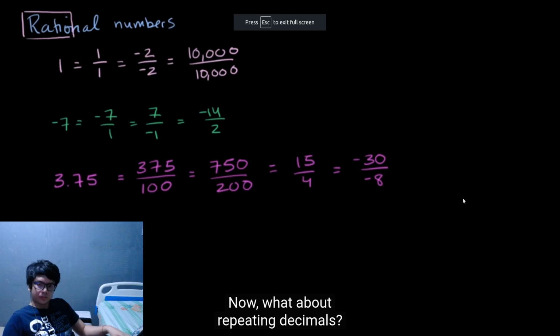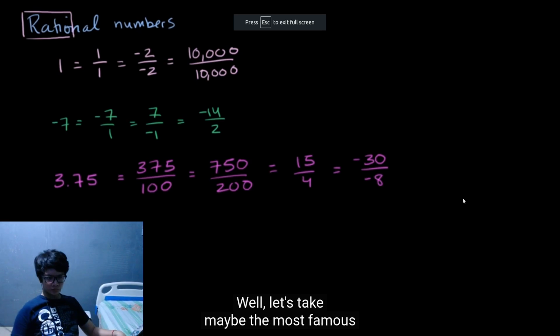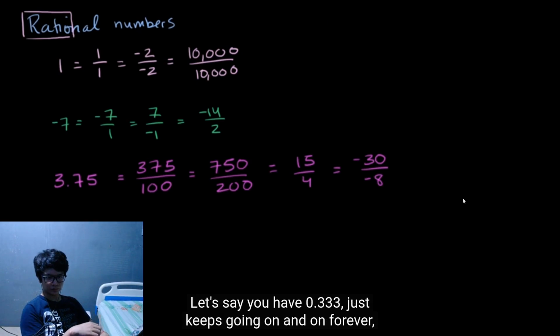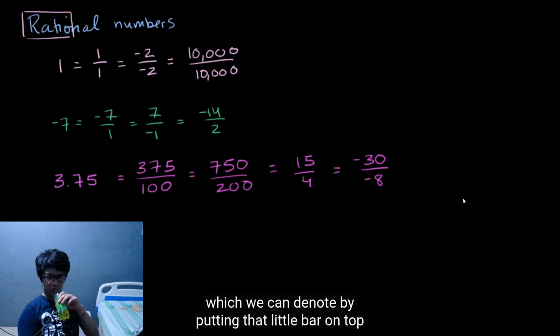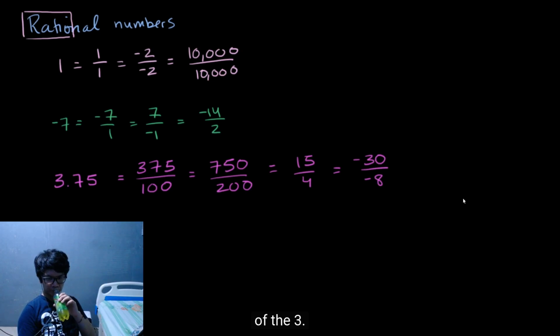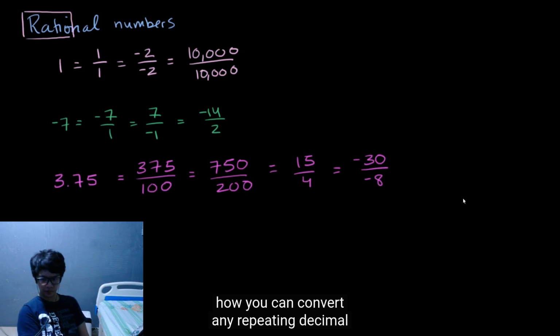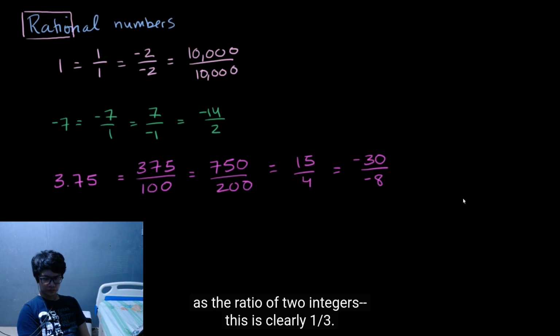Now what about repeating decimals? Well, let's take maybe the most famous of the repeating decimals. Let's say you have 0.333, just keeps going on and on forever, which we can denote by putting that little bar on top of the 3. This is 0.3 repeating. Later we'll show how you can convert any repeating decimal into a ratio of two integers.